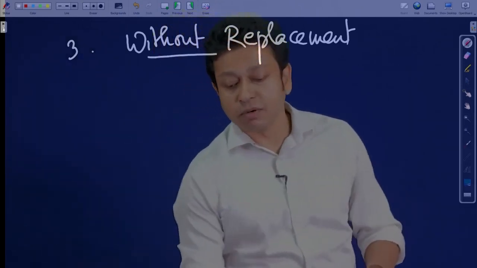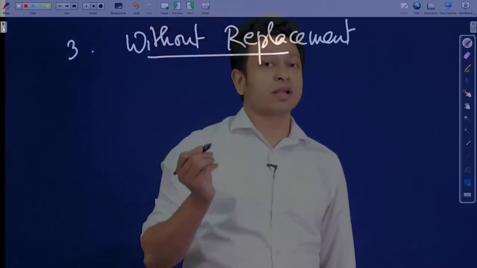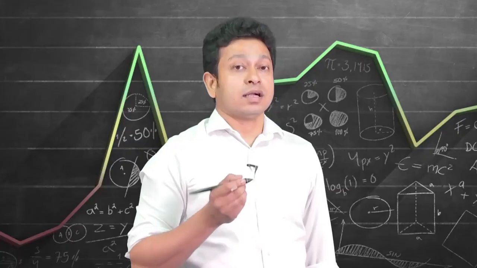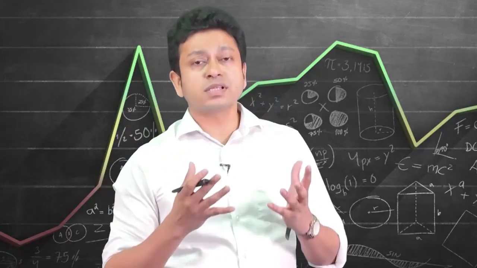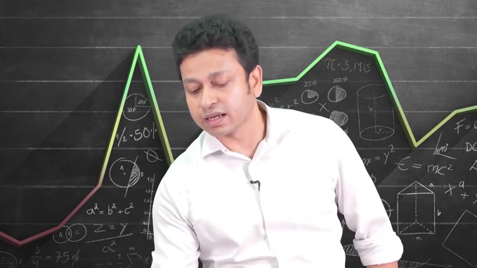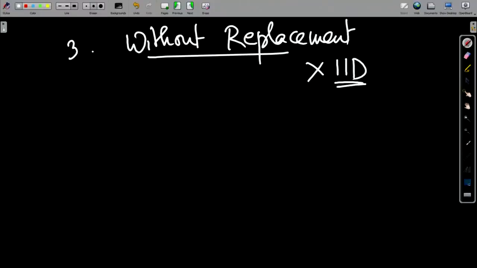The moment you do that, it is no longer a constant probability process, and it is no longer a process where you can say the trials are independent. So, that is the reason it is not an IID.